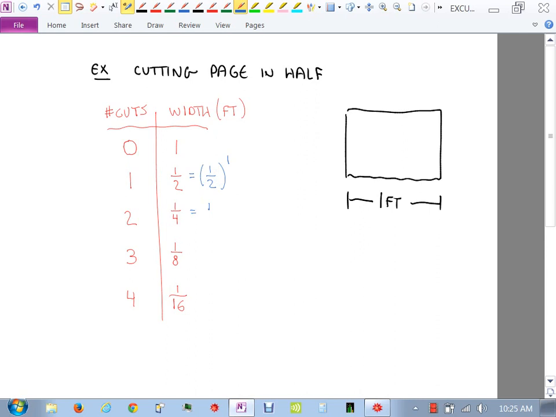Isn't 1/4 1/2 squared? And isn't 1/8 1/2 cubed? And 1/16 is 1/2 to the fourth. So this function is actually what then? 1/2 to the x.